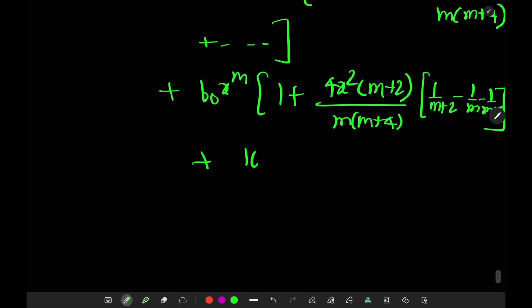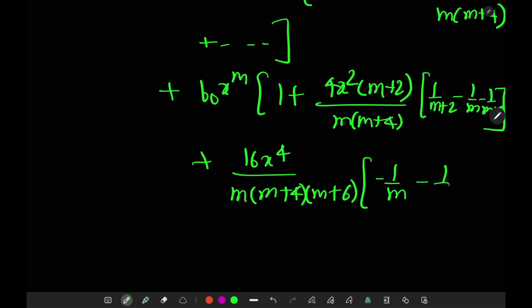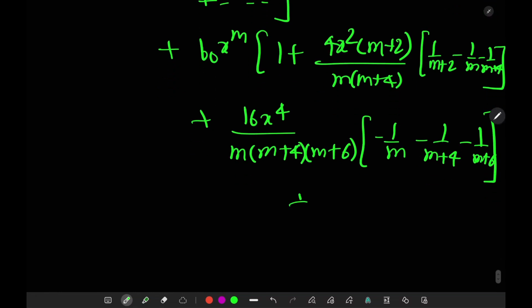and plus 16x raised to power 4 divided by m into m plus 4 into m plus 6 into minus 1 by m minus 1 by m plus 4 minus 1 by m plus 6 up to so on.